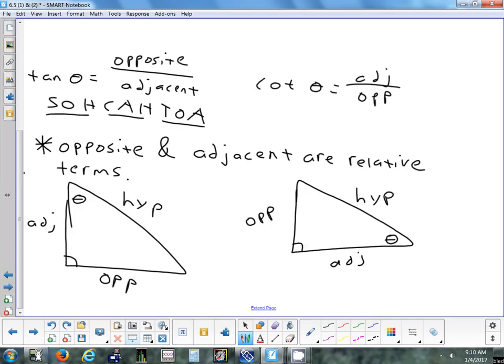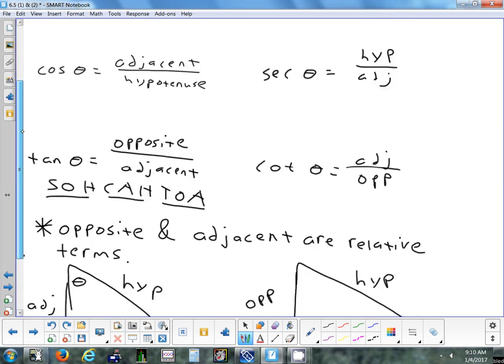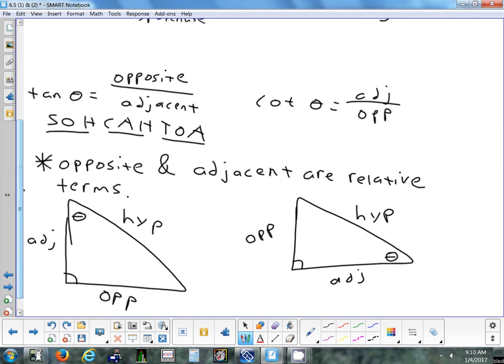It depends on where they mark the angle. This is the reference point. It depends on where they put it, but they'll always tell you where it should go. Okay, does everybody have the 6 definitions?